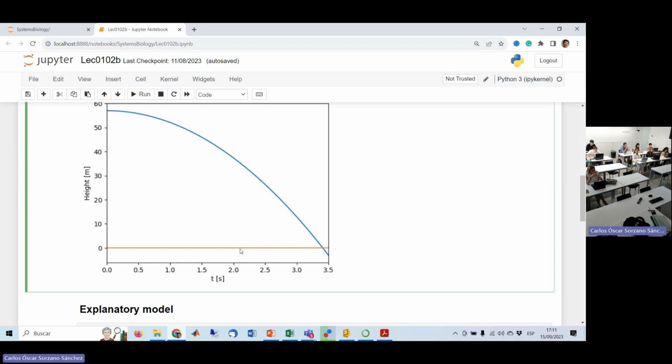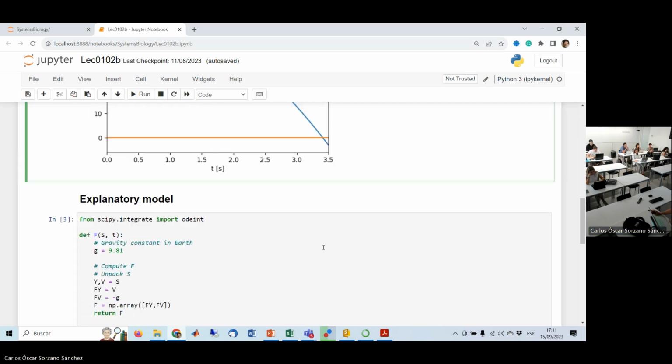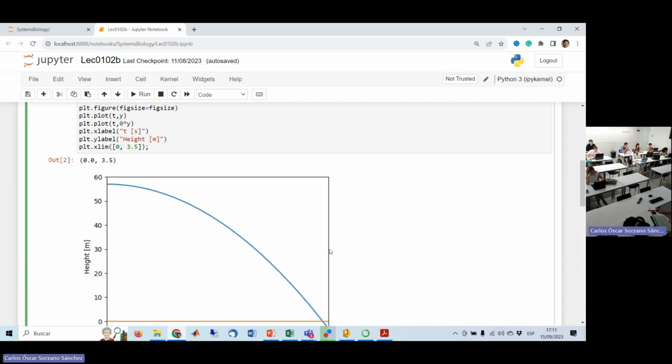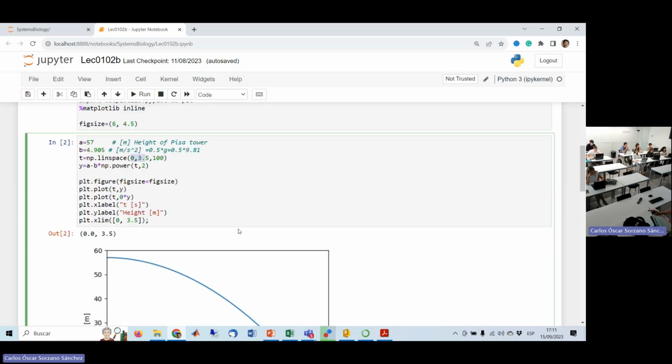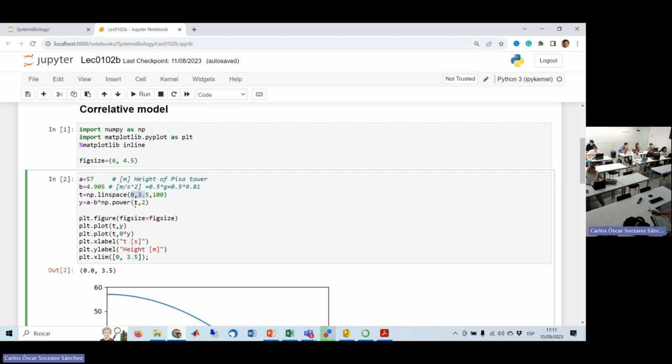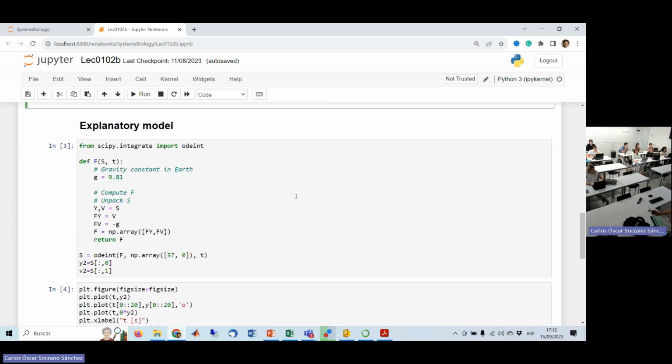Okay, so it is going down. At which time does it hit the ground? This way. Okay, good. But if I change anything in the system, I don't know how that will translate into this equation. I don't know. What about the explanatory model?